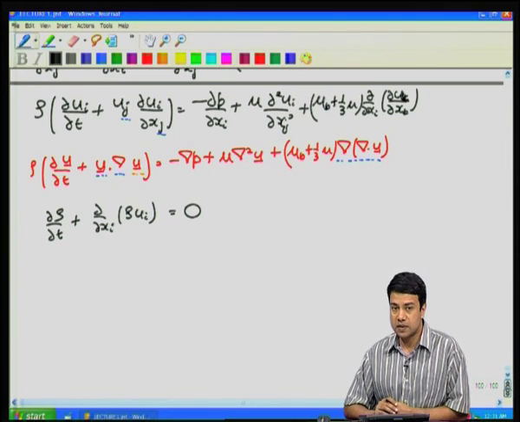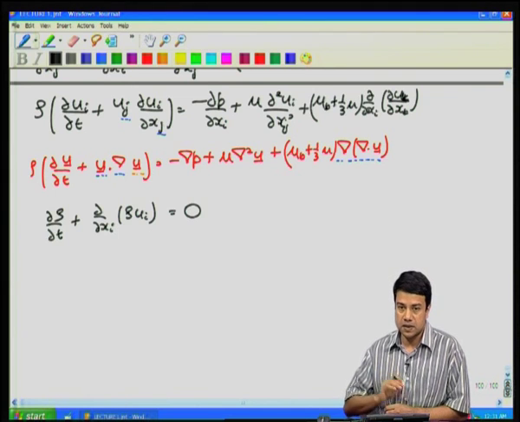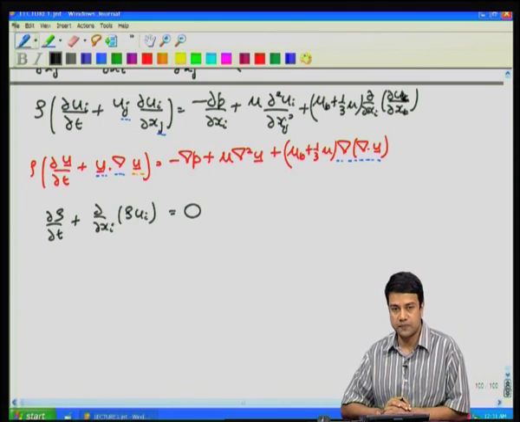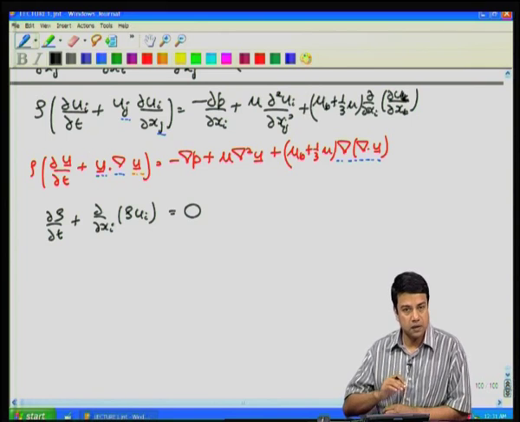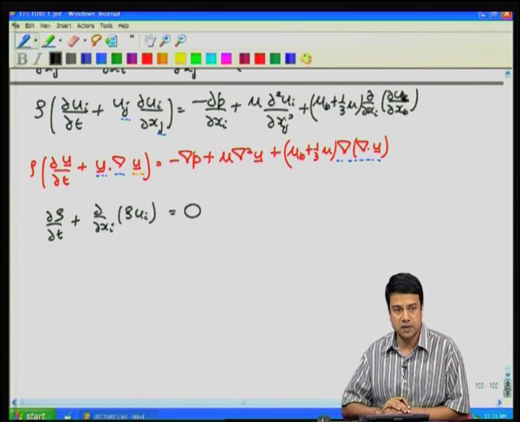The momentum conservation equation is a vector equation, one equation for each value of i going from 1 to 3. So there are 3 scalar equations contained within this one vector equation. Put together, I get a total of 4 equations, 1 mass conservation equation and 3 momentum conservation equations.